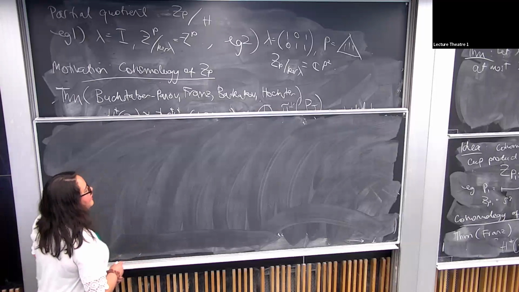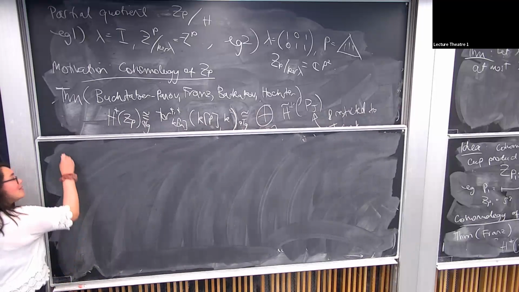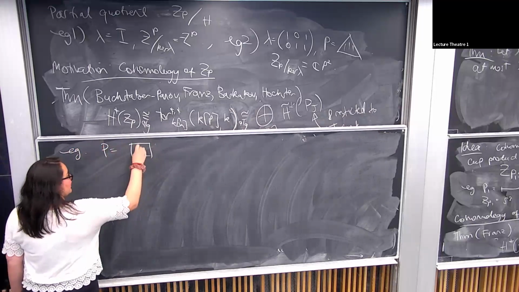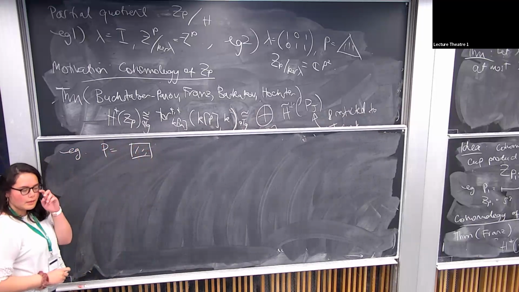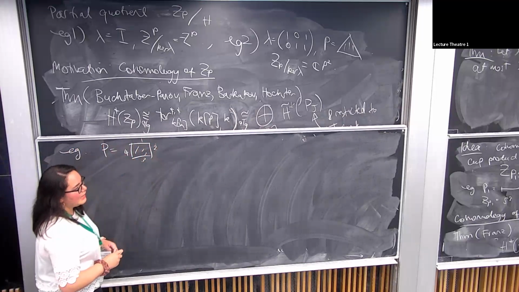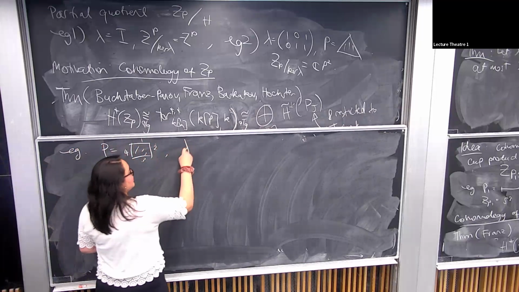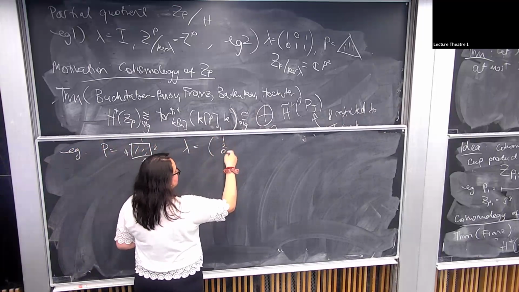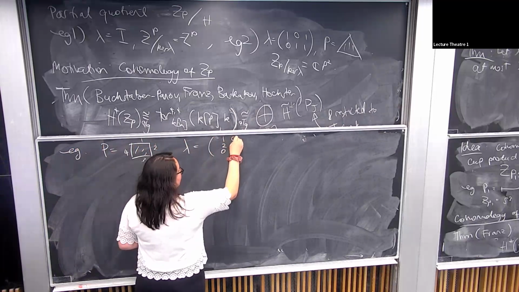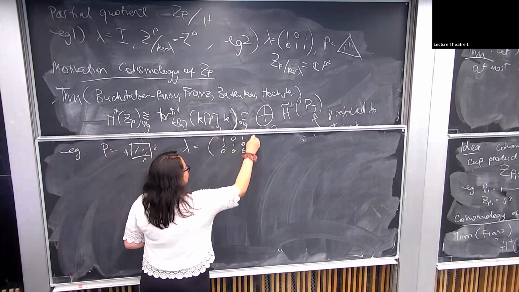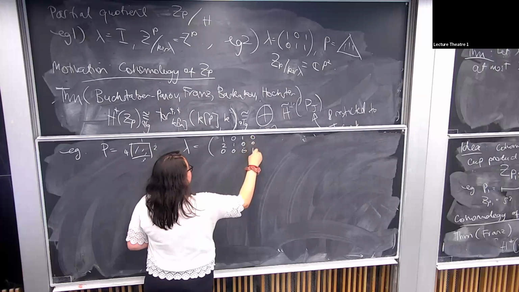Yeah, let's talk about an example. So let's say we have a case where P is a square with 4 facets, right? 1, 2, 3, 4. And lambda is a matrix 1, 2, 0, 0, 1, 0, 1, 0, 0, 0, 0, 1.